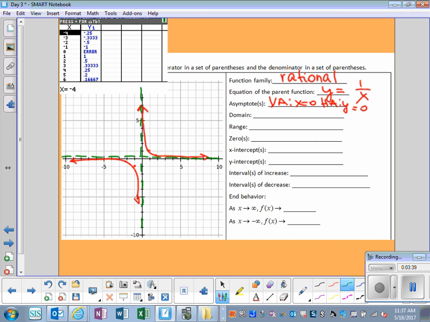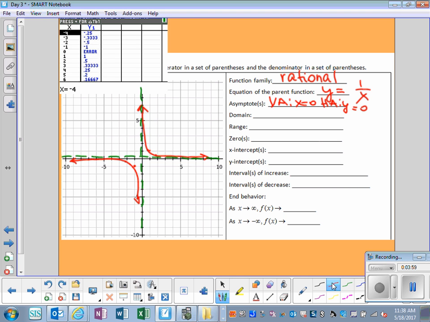Very good. So which one, vertical or horizontal asymptote, is related to domain? Vertical asymptote, right? Because vertical asymptote divides the function, so we are excluding that x from the domain, the one that we cannot touch or cross, right?